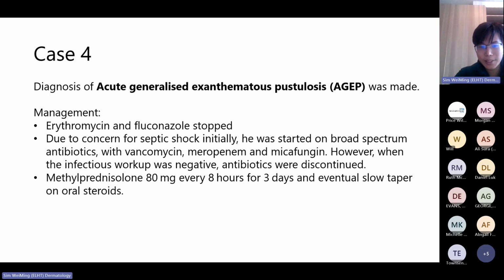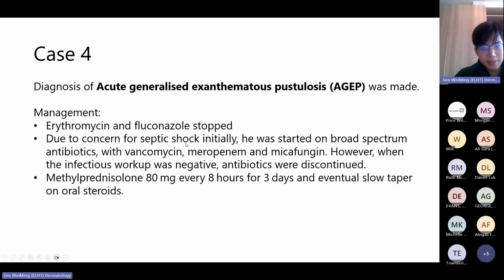It is a risk, so long as you warn patients about the risk of drug reactions. It's also tricky because you'd expect Candida or erythrasma to be in the intertriginous areas, and AGEP could also present beginning from the intertriginous areas. So there is that clinical difficulty.